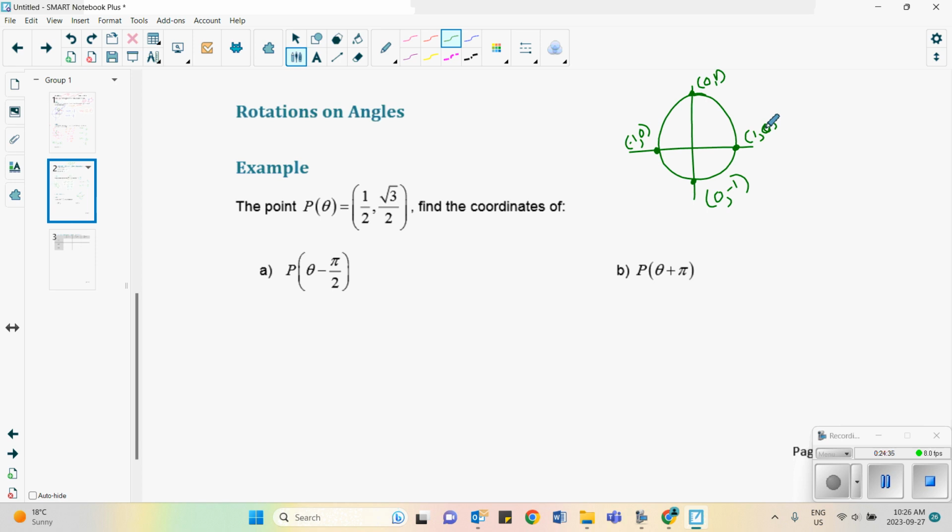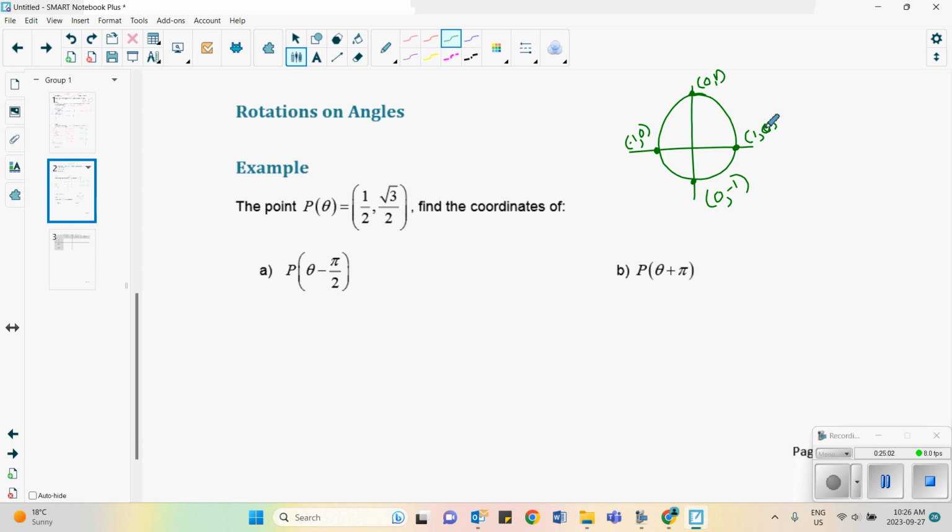If you have your unit circle in front of you, I don't know if I have a filled in one. I'm sure I do somewhere. But there's a relationship here. Every time you rotate your angle 90 degrees, so if we start here, what's my coordinate pair? 1 and 0. If I go 90 degrees, 0, 1.